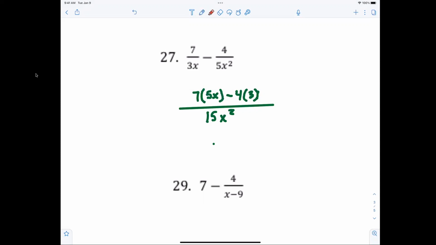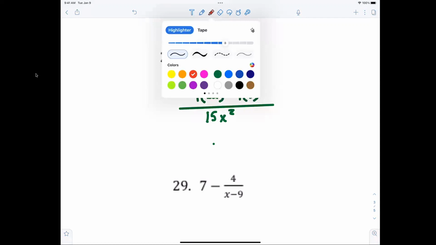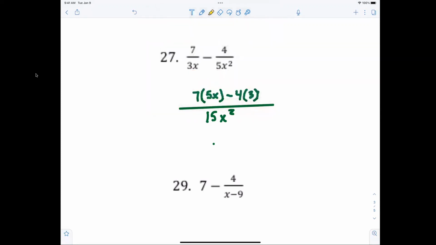Okay, so I would just want to make sure everybody's hearing me correctly. Do you agree that the common denominator is 15x squared? Here's where I'm at. What do I multiply the 3x by to get 15x squared? 5. That's right. That's why I multiply by 5x.